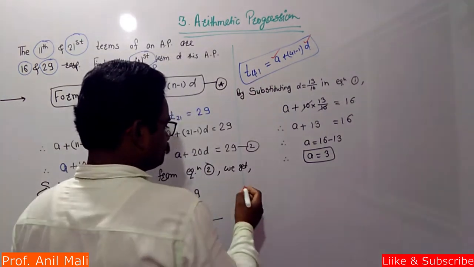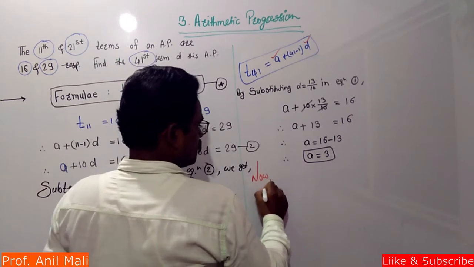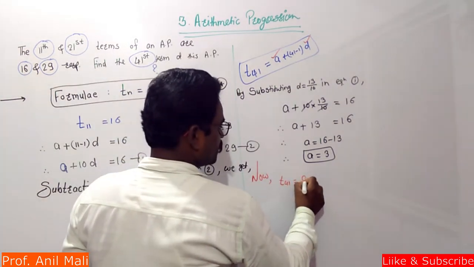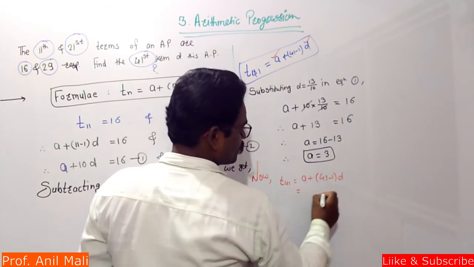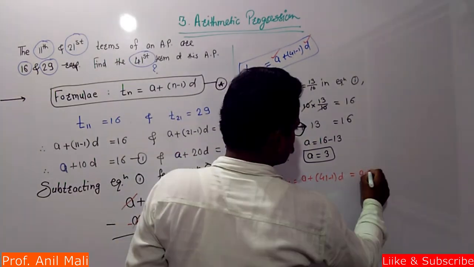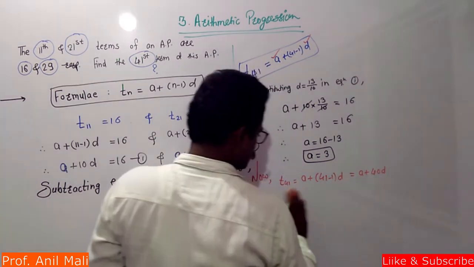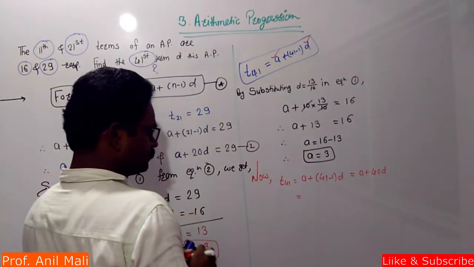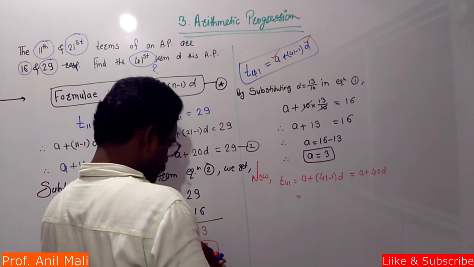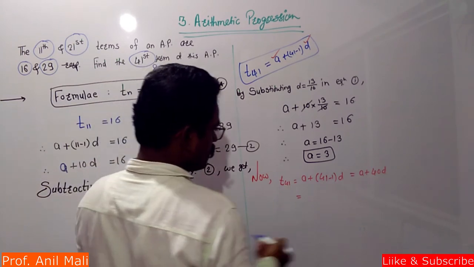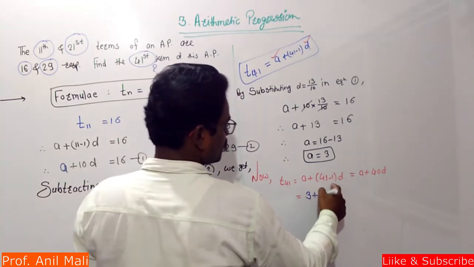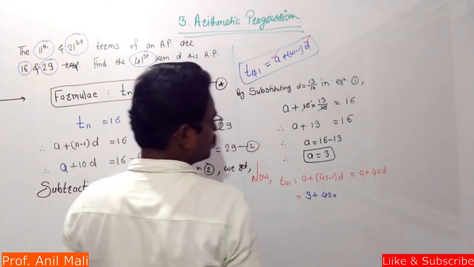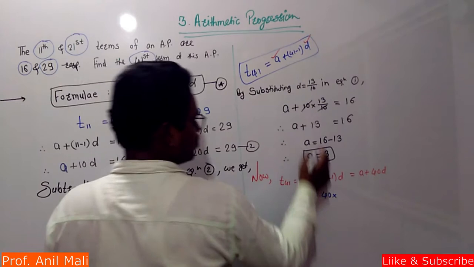Okay, now T41 is equal to A plus 41 minus 1 into D. So it is equal to A plus 40D, students. So A is how much? It's 3. So 3 plus 41 minus 1, that's 40, into D, which is 13 by 10.